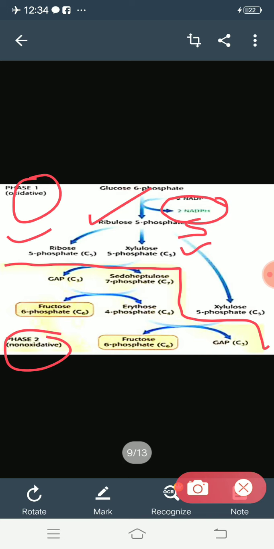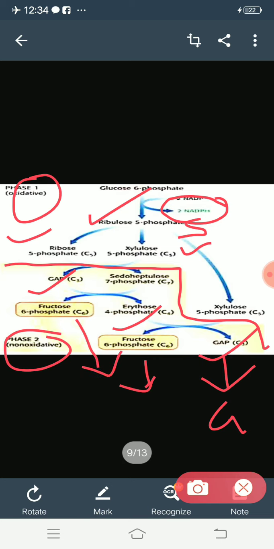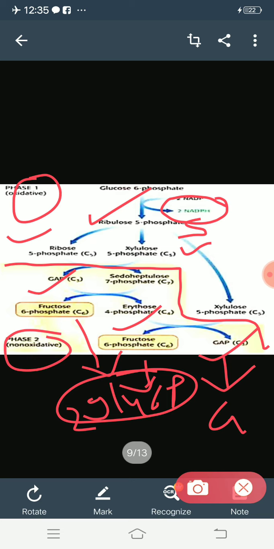Then further reactions occur, and finally 2 molecules of fructose 6-phosphate and 1 molecule of glyceraldehyde 3-phosphate are formed. This goes for glycolysis, and for these 2 molecules, which enzyme acts over there? Phosphohexoisomerase will act. It will form glucose 6-phosphate, and these 2 molecules of glucose 6-phosphate again go over here, and in this way the cycle keeps going.